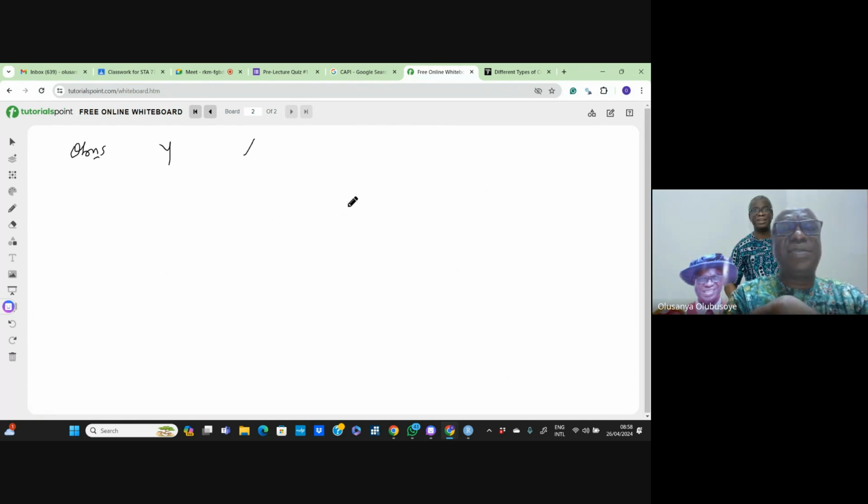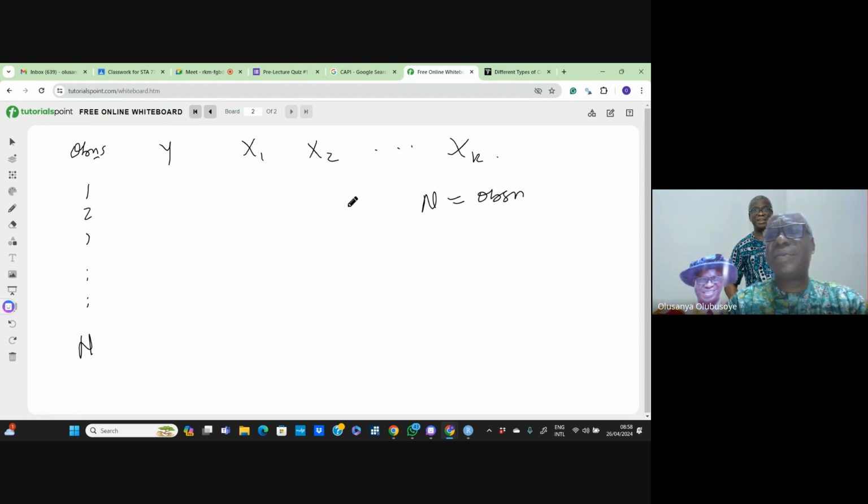Okay, look at this. Here you have 1, 2, 3, up to n, and here you have up to k. So n represents the number of observations. K represents the number of variables.